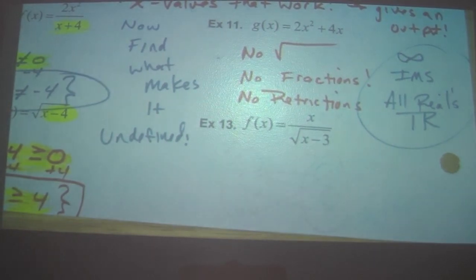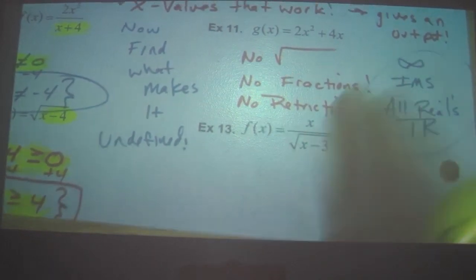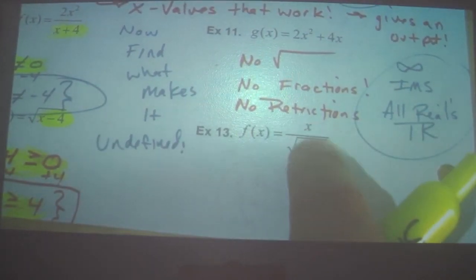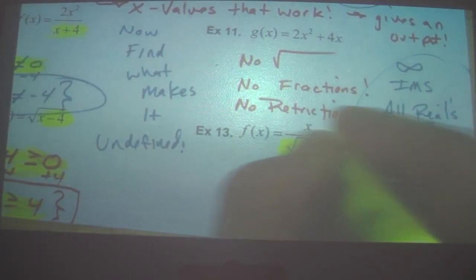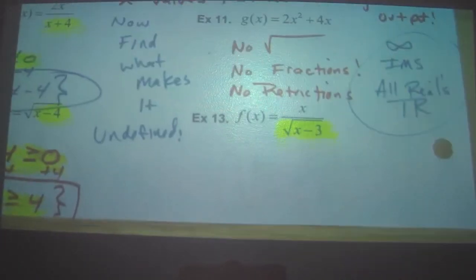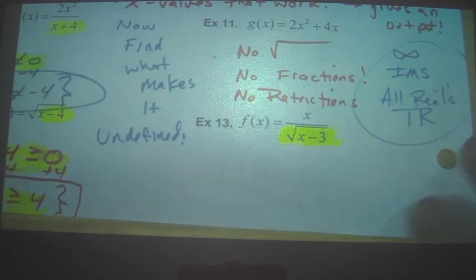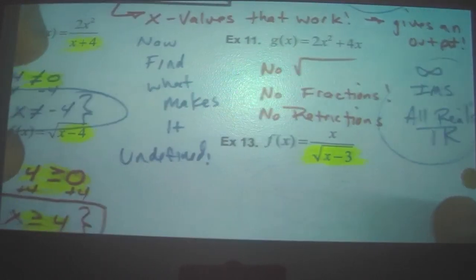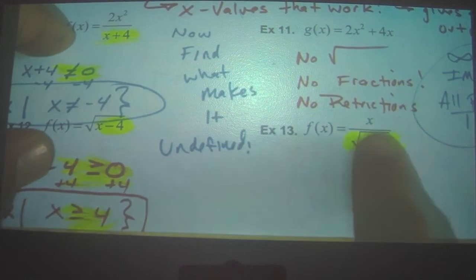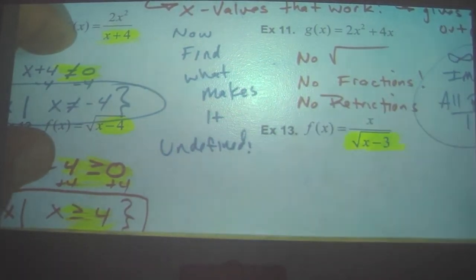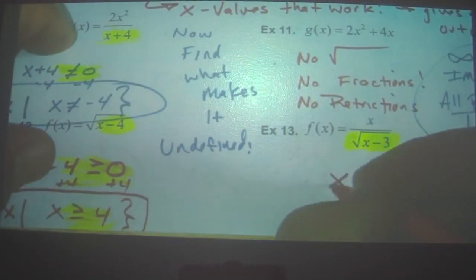Last but not least, 13. Now we have a fraction, and in the denominator, we have the square root of x minus 3, right? Well, that's like these two ideas put together. So if I look underneath of a square root, we said underneath of a square root can't be negative.